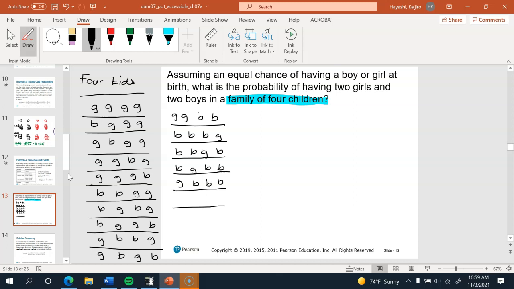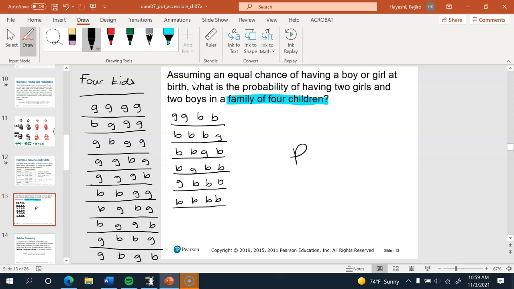And lastly, you can have all boys. So that is 1, 2, 3, 4, 5, 6, 7, 8, 9, 10, 11, 12, 13, 14, 15, 16 possibilities, right? 16 possible ways to have 4 kids.